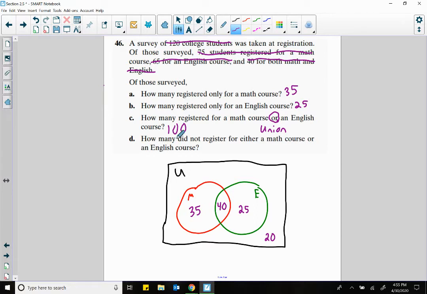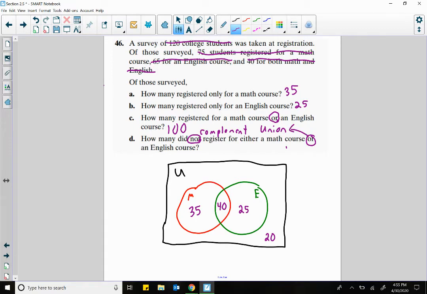And last but not least, how many did not register for math or English? So not, again, it's one of our special words. I want you thinking not as the complement. So they want the complement of the union, because there's that or again, right?